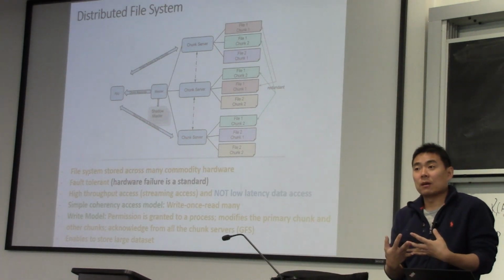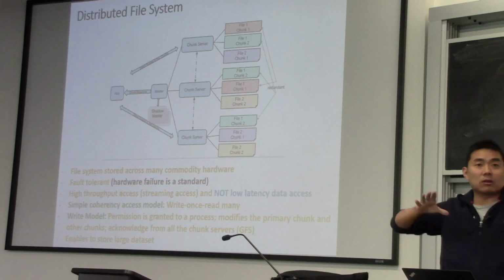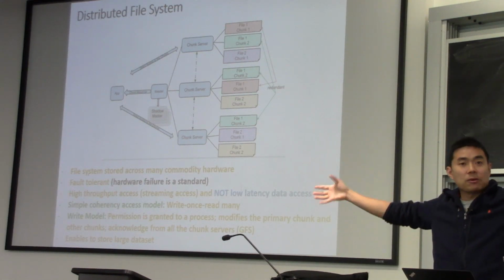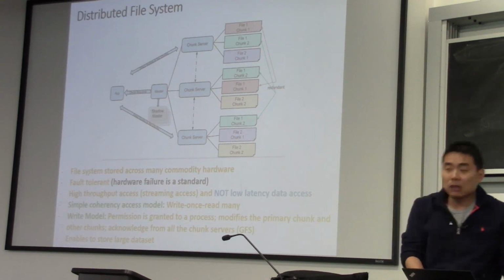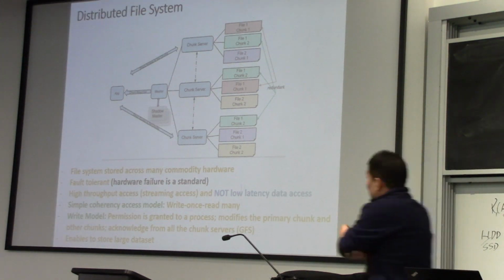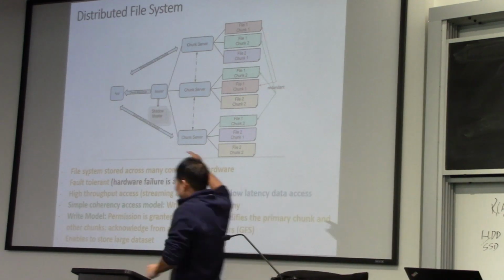But if you're using this model I'm talking about, you're storing data across multiple machines. So you're managing files across multiple machines. A single node file system is not going to work. So we want to introduce something called a distributed file system. The idea is you have a master node.